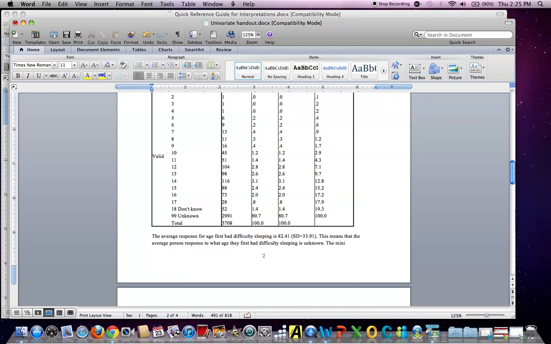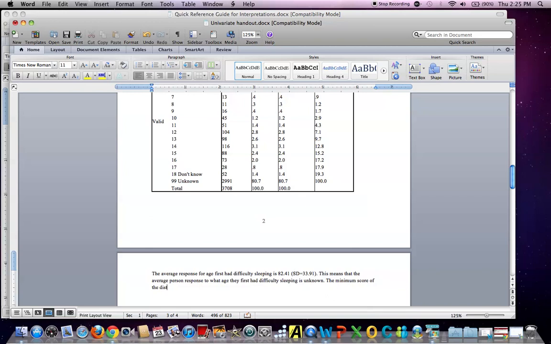The minimum score of the distribution is 0, and the maximum score of the distribution is 99. Okay? Overall, what's compelling about the data?